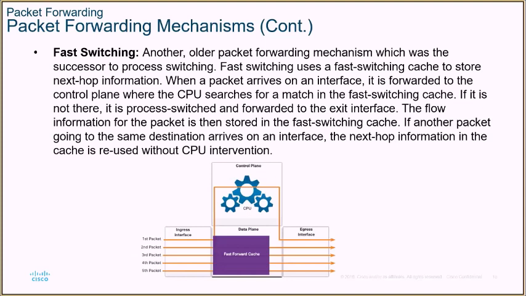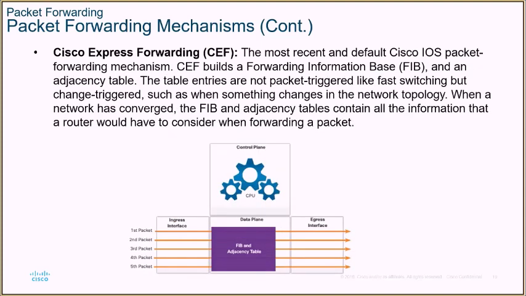That cache is just information about what conversations are going on, and then it will expedite those packets through the router a lot quicker. And so, as I said, with CEF, it reads the routing table, interprets it, and makes rules called a forwarding information base and an adjacency table, and it basically means that everything can be fast switched.